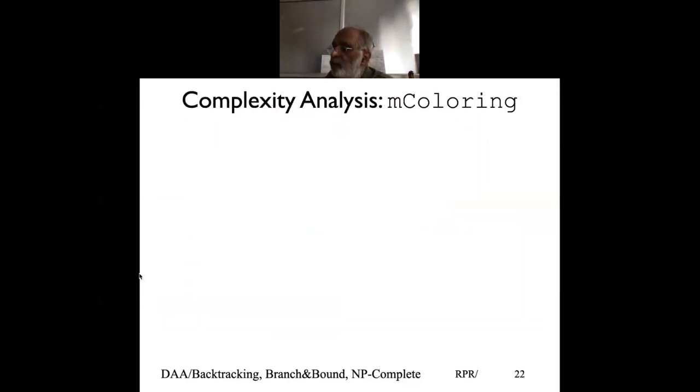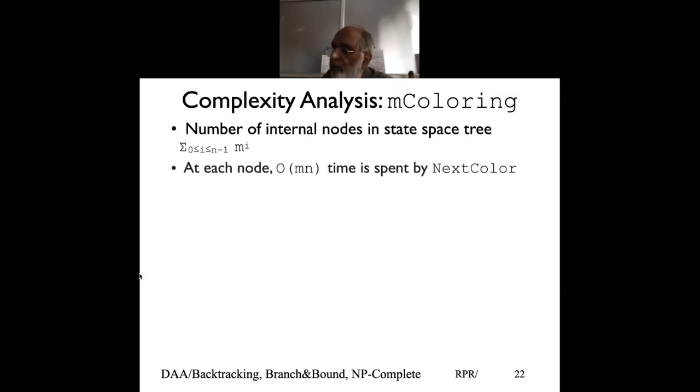Now total how many nodes I have got? Remember, in a state space tree, this is root level 0, level 1 I have m nodes, each of these gives me m nodes. So level 2 I have m square nodes.